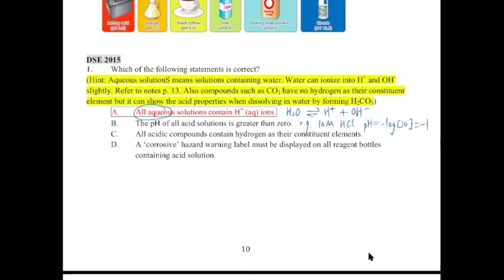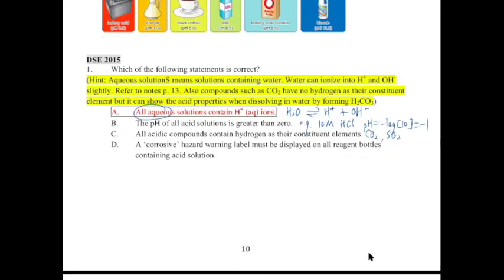And C, all acidic compounds contain hydrogen as their constituent elements. For this one, remember the two gases that are acidic, carbon dioxide and sulfur dioxide. And the last one, a corrosive hazard warning label must be displayed on all reagent bottles containing acid solution.